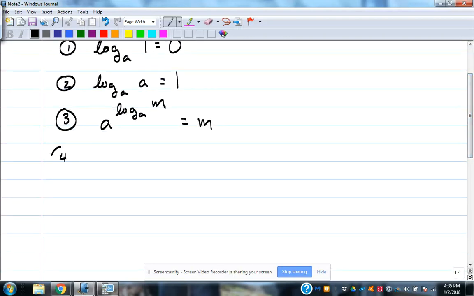Let's get into the ones you actually do use a lot, and that would be log base a of a to the r. Again, the log bases cancel out. We just get the variable that's in the exponent back.